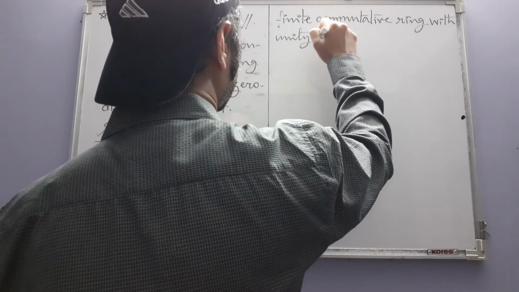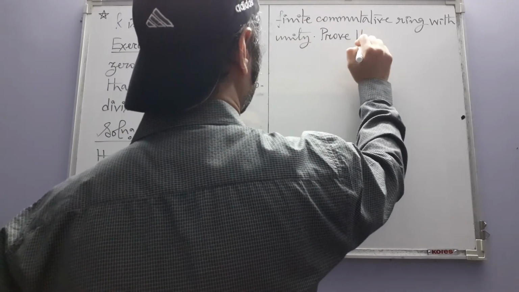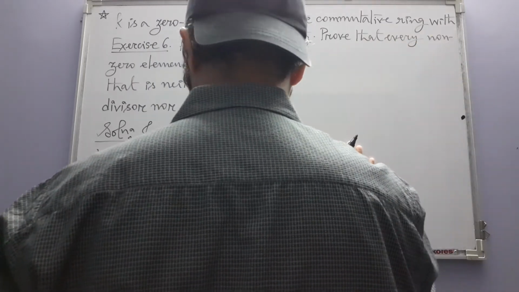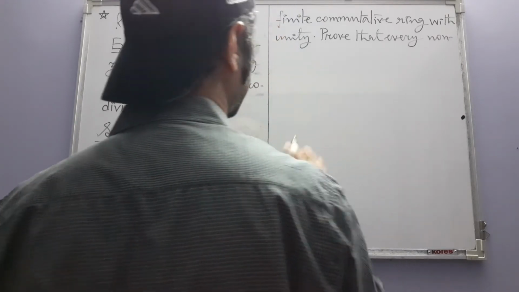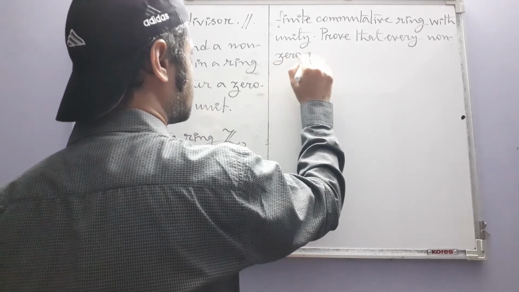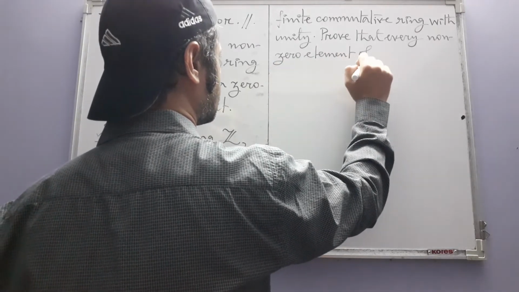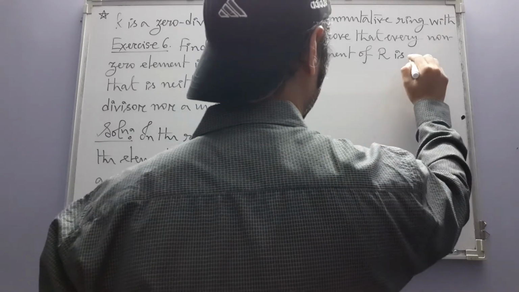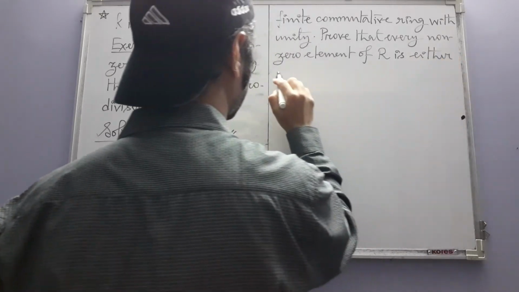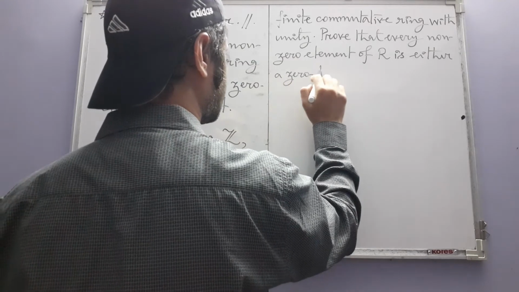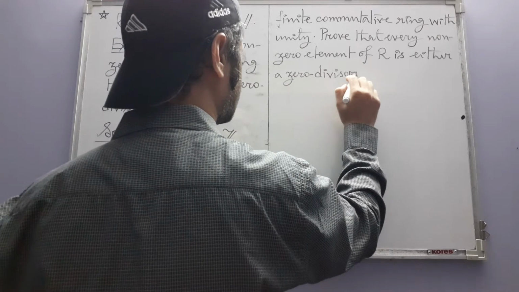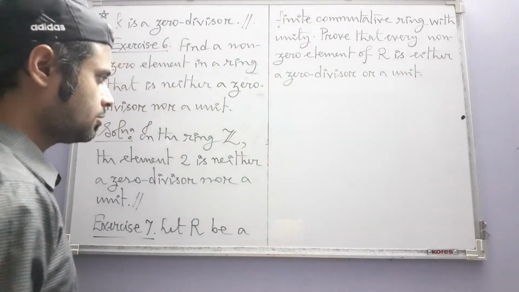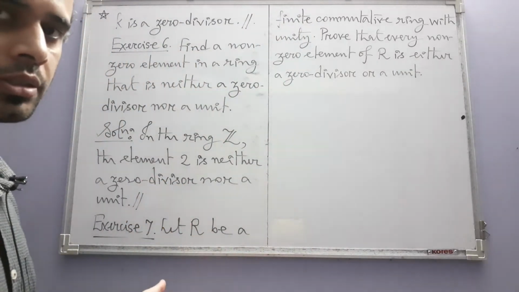Prove that every non-zero element of R again is either a zero divisor or a unit. So not just the rings Zn or Cn.